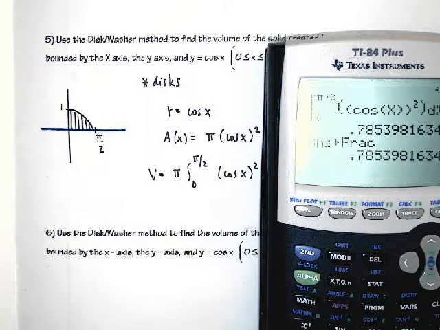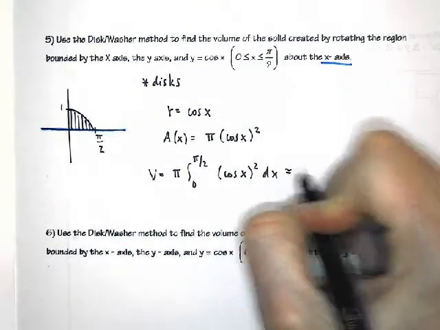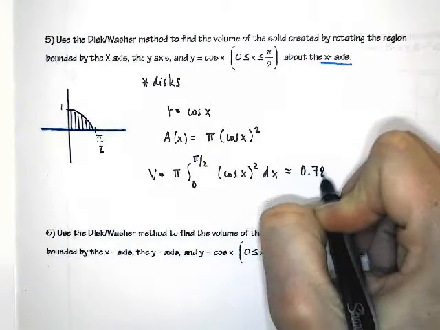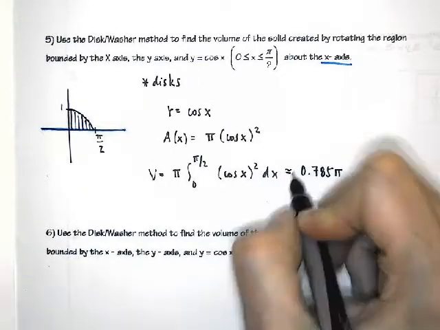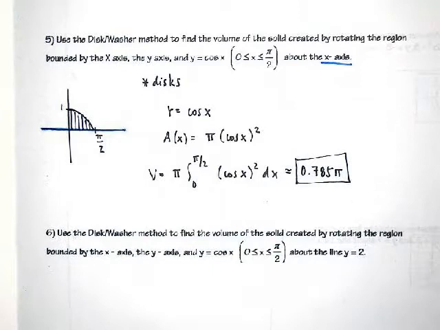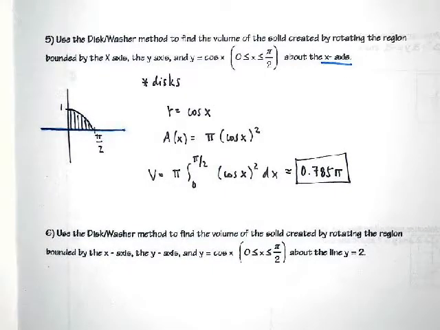I don't think we'll be able to turn that. So it's 0.785 pi. Okay, a nice straightforward disks problem. Okay, number 6.